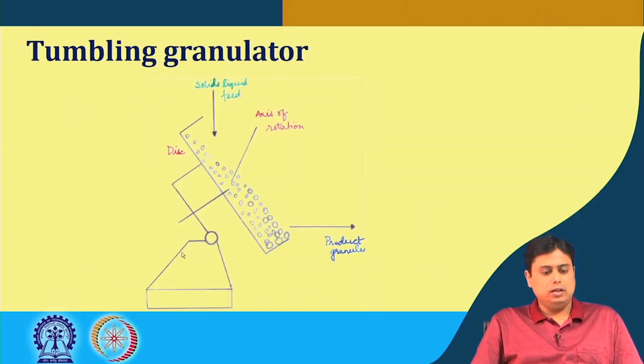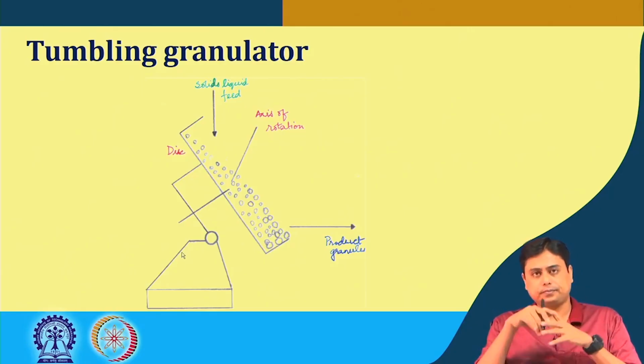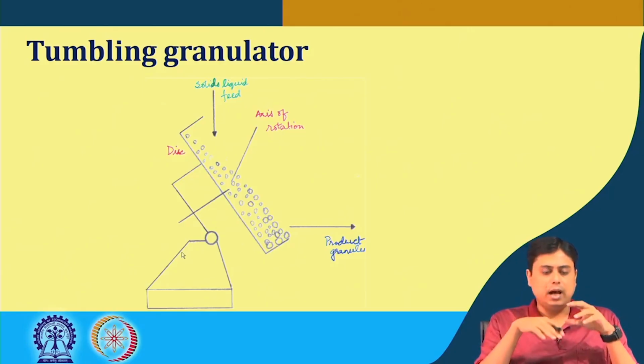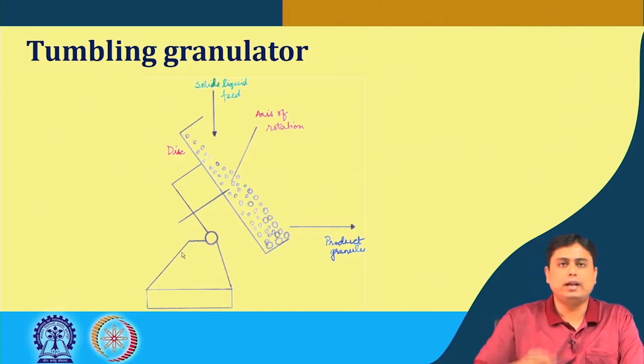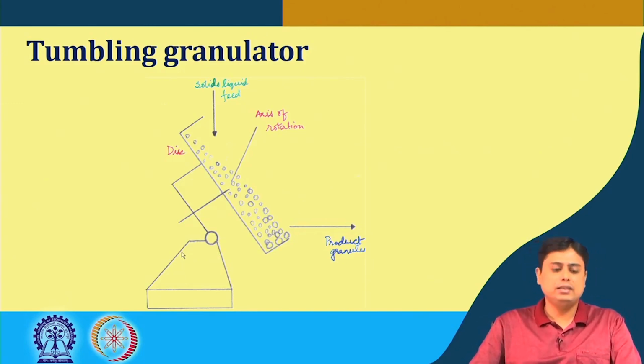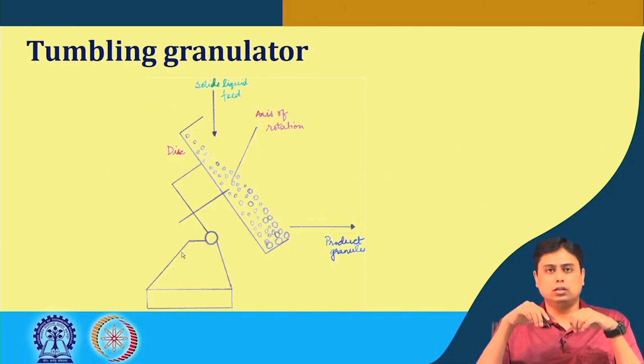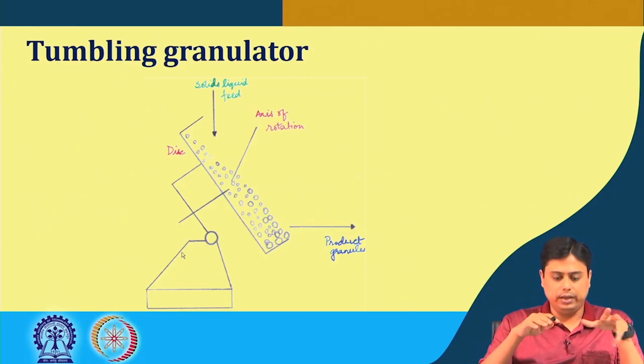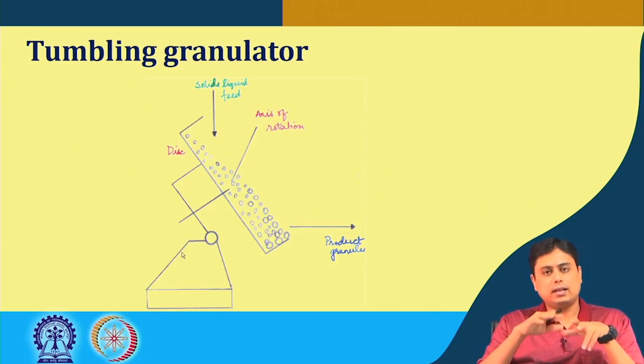For the tumbling granulator, here is a schematic, a disc granulator. This has a tumbling motion of the disc. This tumbling motion results in granulation, and due to this tumbling motion of the disc, classification also happens in the product.